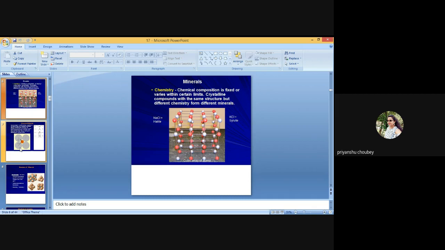Center of symmetry: if similar points lie on both sides equidistant from a central point in a geometrical figure, that central point is called the center of symmetry.